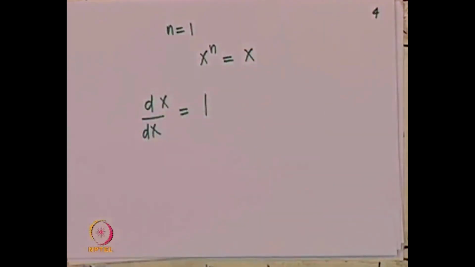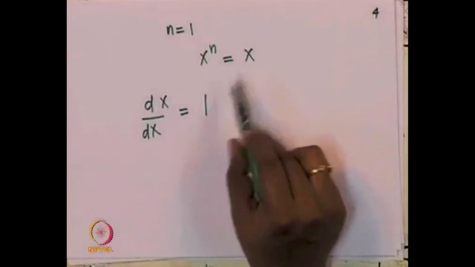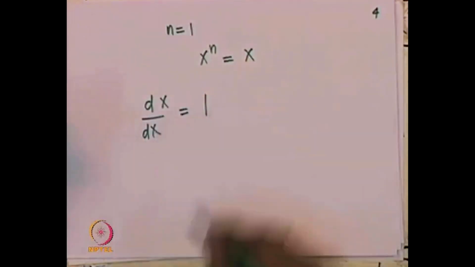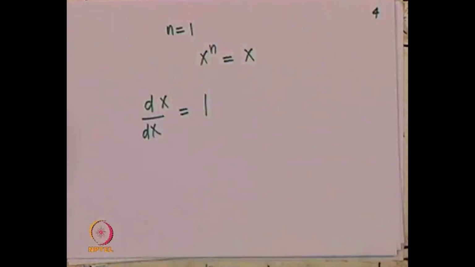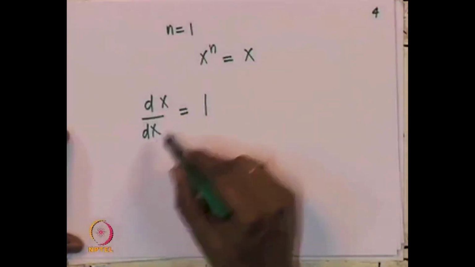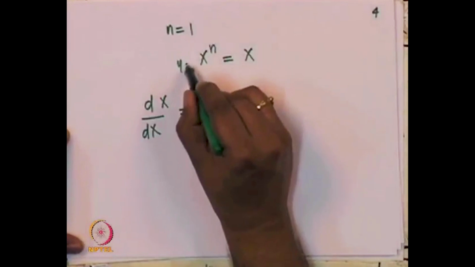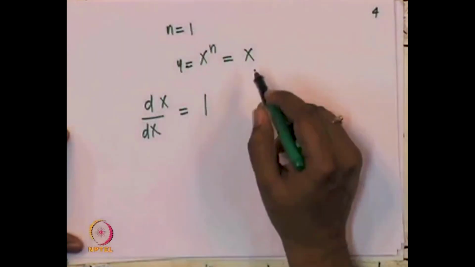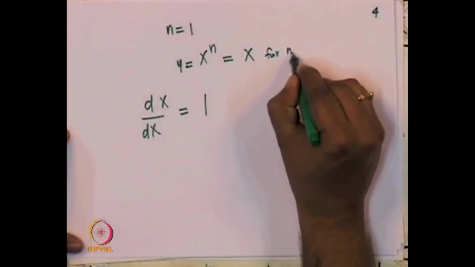We know that x power n, when n equal to 1, is x, and dx by dx is 1. This much we know, this simple idea. So y is x power n, and it is equal to x for n equal to 1.